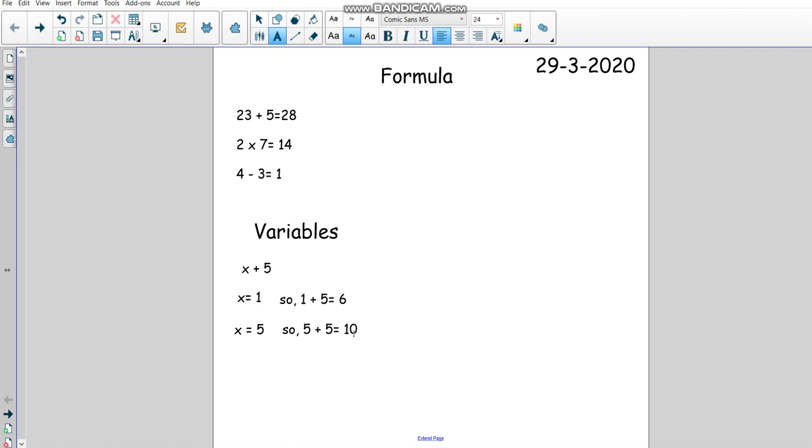And that's why we always call the letters in the expressions variables. So any letter in any expression is called a variable because its value can change. Once the variable is changing, the value of the whole expression will also change.